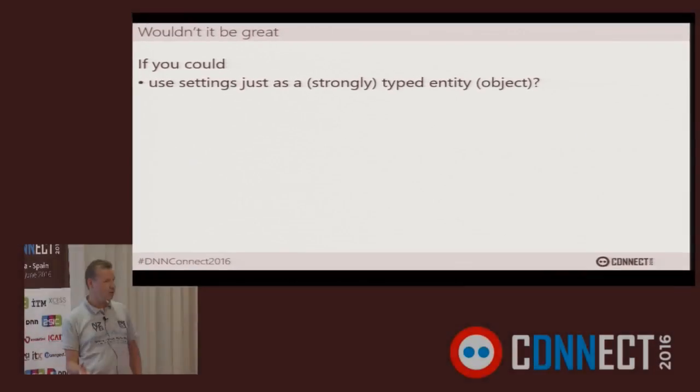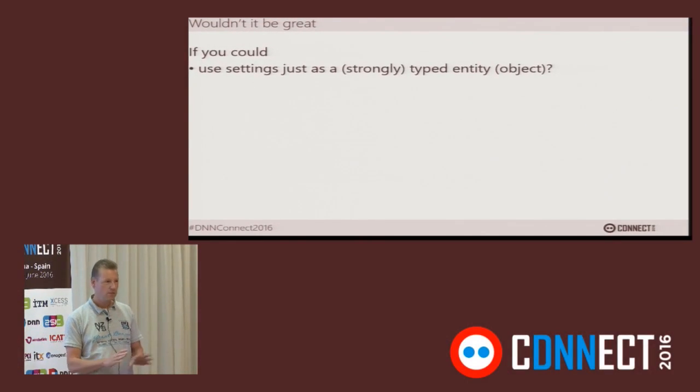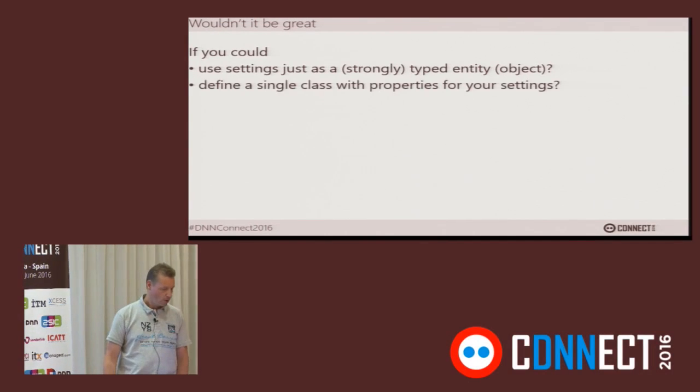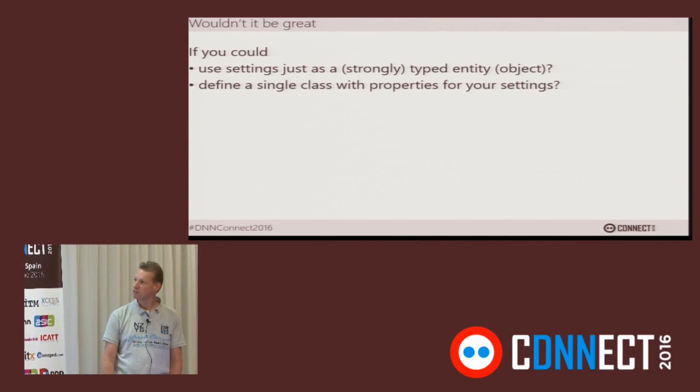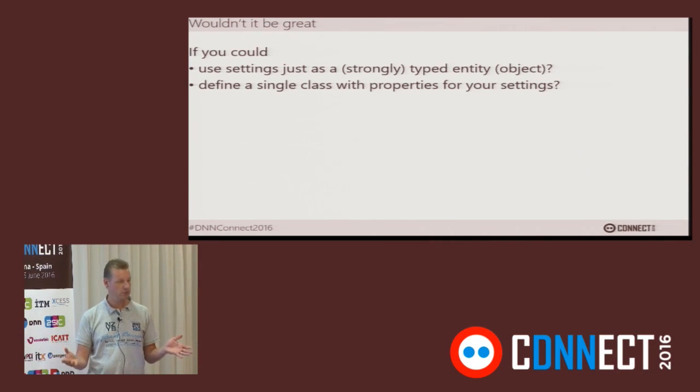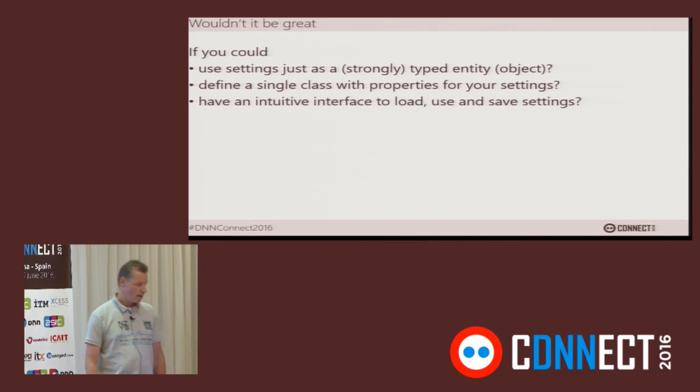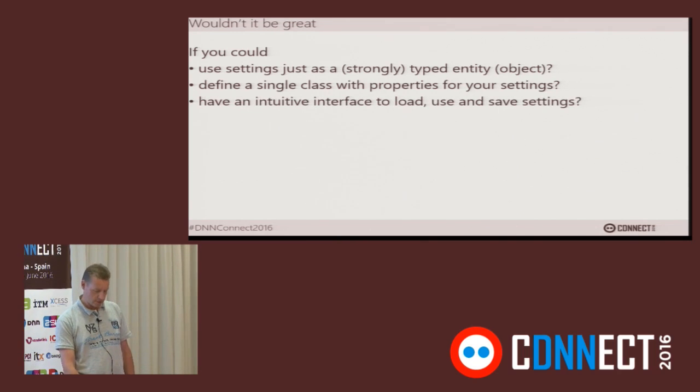Now, wouldn't it be great if you could just use settings as a strongly typed entity? Define a single class in your code that actually holds everything your module needs to know. And have a very intuitive interface to load, use, and save settings.